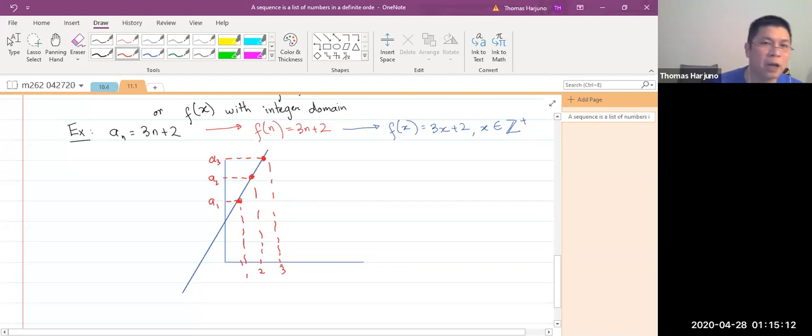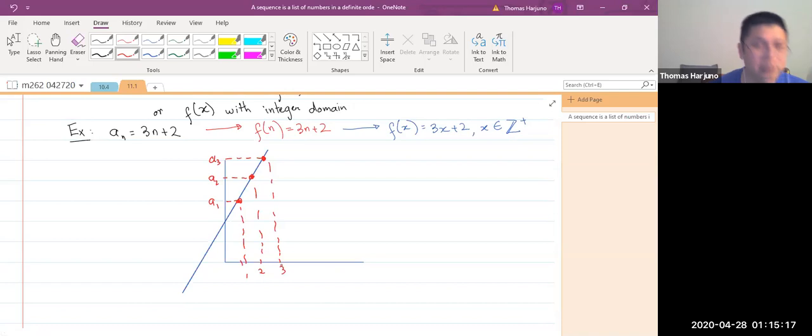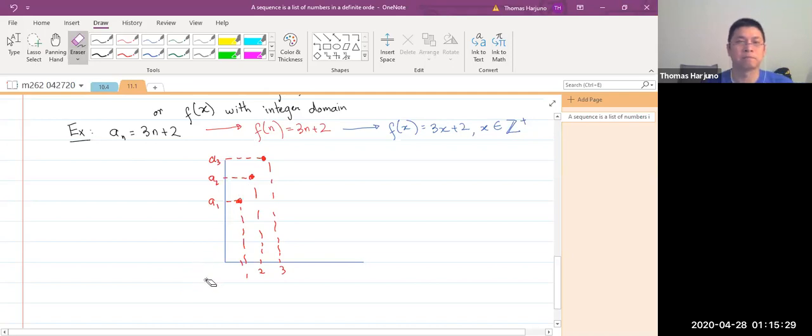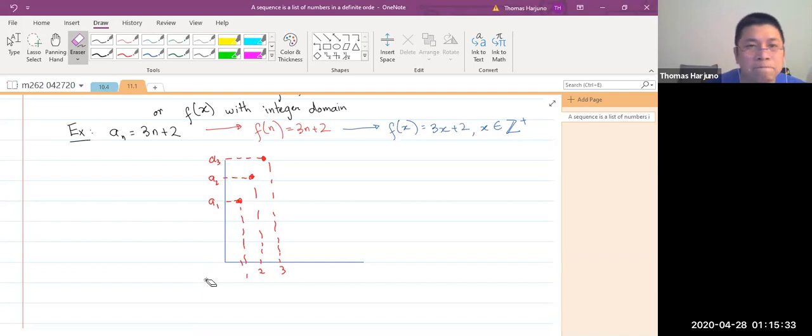Fx will give us the continuous function, maybe, not always. In fact, in general, that's not the case. That gives us the smooth curve, while the sequence actually looks like this.